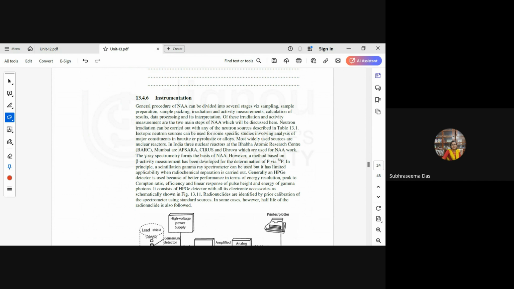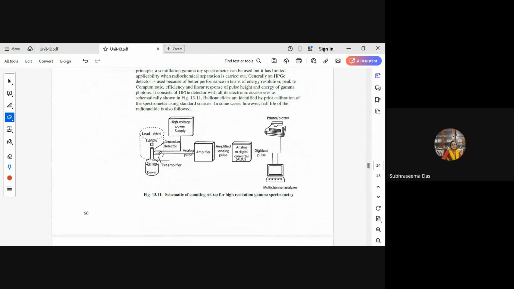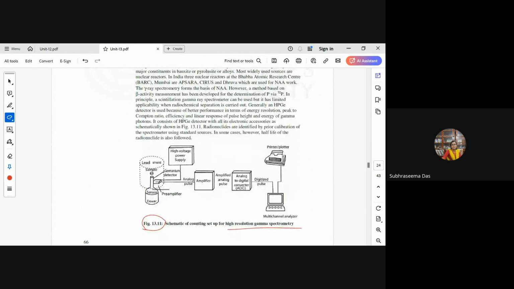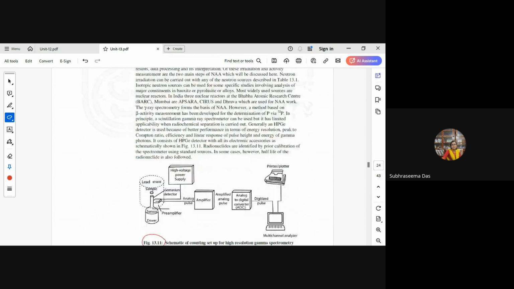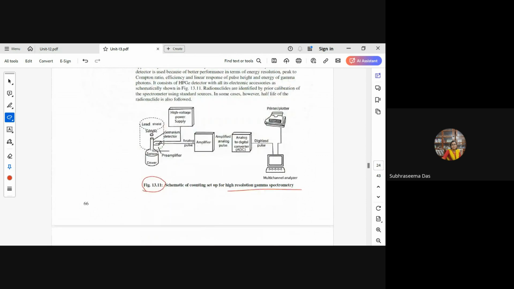The gamma ray spectrometer forms the basis of NAA, and in figure 13.11 we can see the schematic of a high resolution gamma spectrometer, which is the heart of NAA analysis. Neutron activation analysis is solely dependent on the type of gamma ray spectrometer that is used. It consists of an HPGe detector with all its electronic accessories, as shown in figure 13.11.